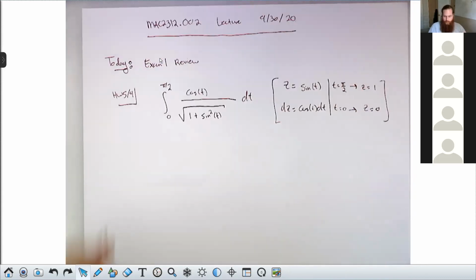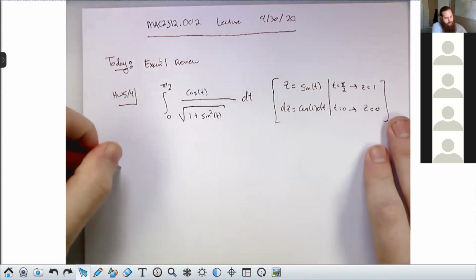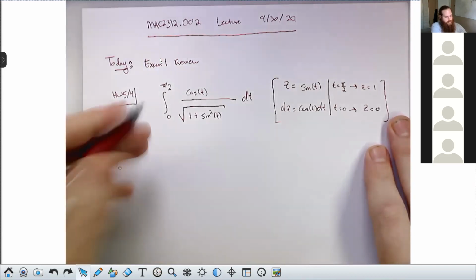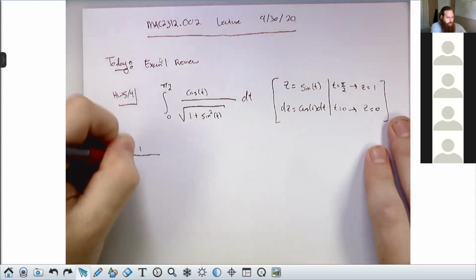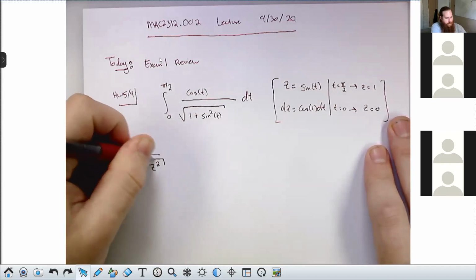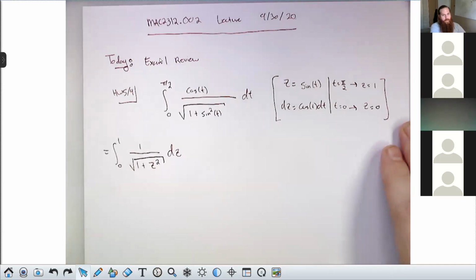So then under this substitution, that integral becomes the integral from 0 to 1 of cos t dt, that's just dz, so this will be 1 over the square root of 1 plus z squared dz.